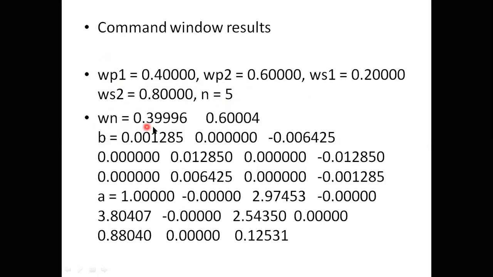So two cutoff frequencies you are getting. In between, see here, 0.4 is one pass band, two pass band frequencies are your 0.4 and 0.2. So cutoff frequency you are getting near to those passband frequencies. Clear? The B is your numerator coefficients and A is your denominator coefficients. So in command window, you will get all these results.